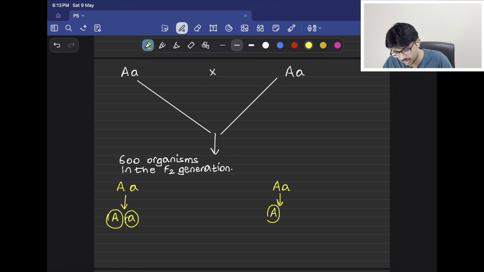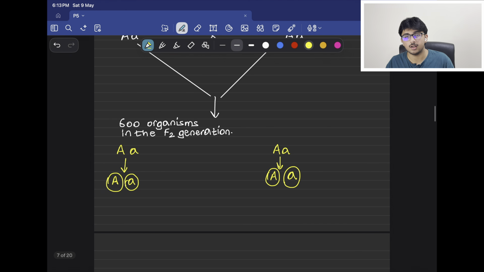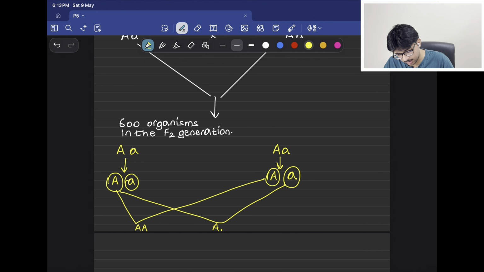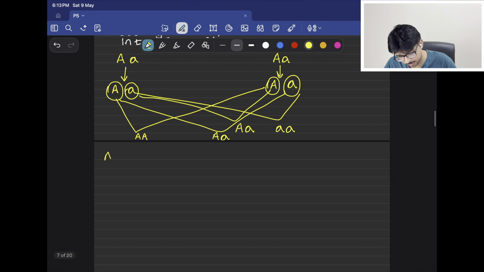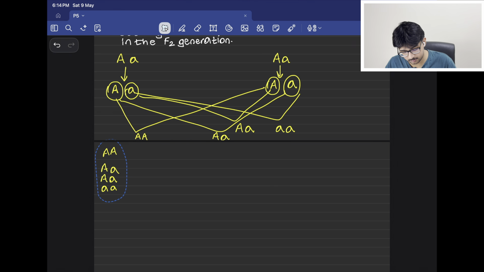Meaning, when we talk about the offspring's genotype, it can be capital A, capital A, or capital A, small a, or capital A, small a, or small a, small a. These are the four genotypes. Both capital, that's homozygous dominant. Two of these are heterozygous, and one is homozygous recessive.